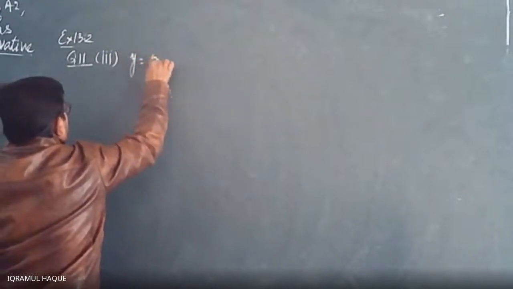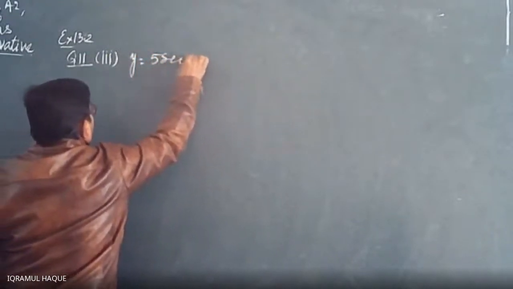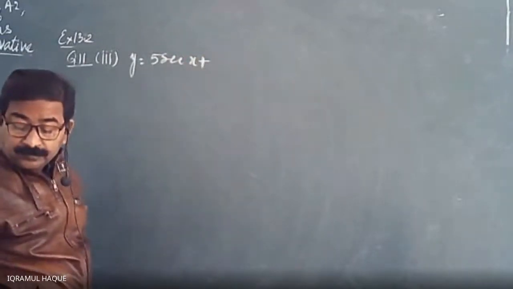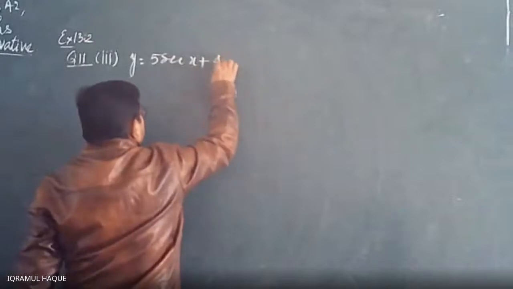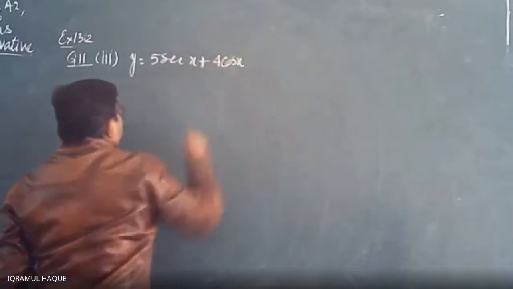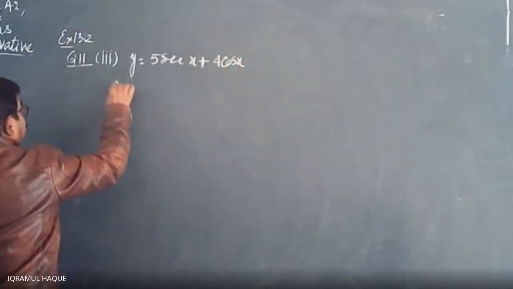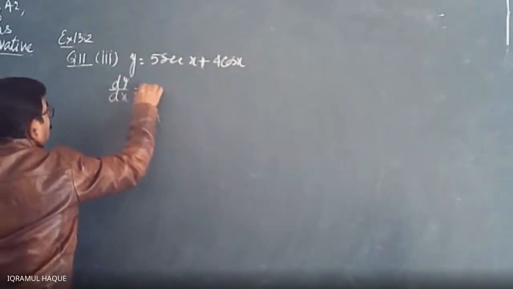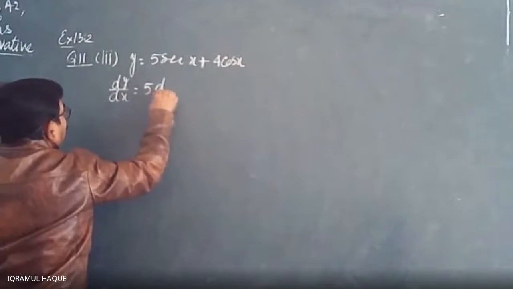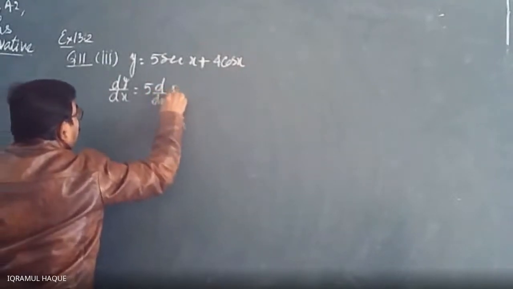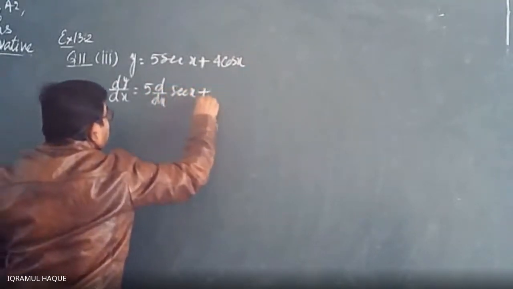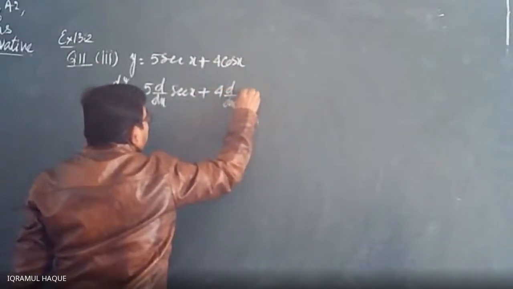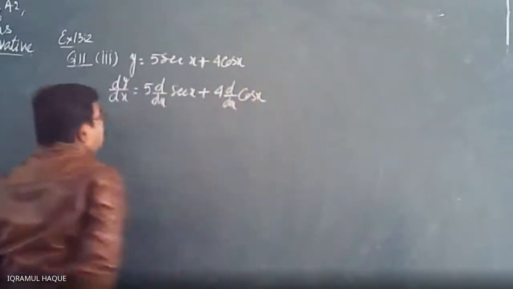y is equal to 5 sec x plus 4 cos x. So we can find out the derivative. dy upon dx is equal to 5 times d of dx of sec x plus 4 times d of dx of cos x.